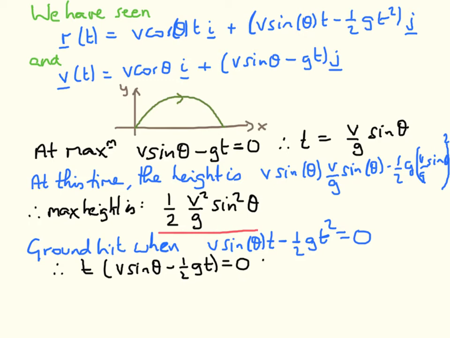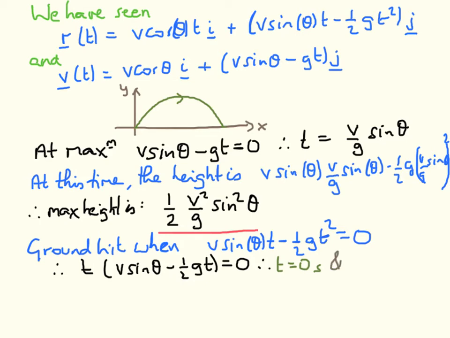So therefore we have two solutions, and the solutions are t is 0 in seconds presumably, and that's not the solution we're looking for because that corresponds to when it was fired from the origin at t is 0. So that's not interesting.